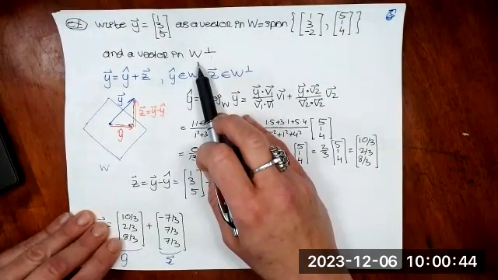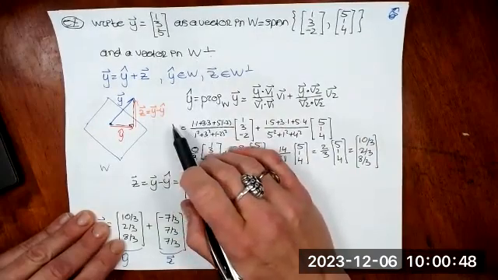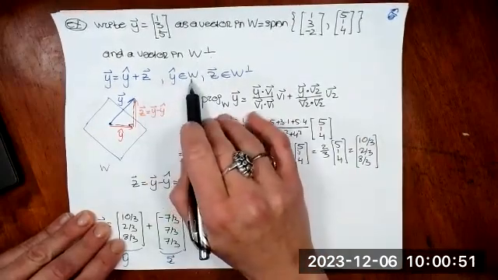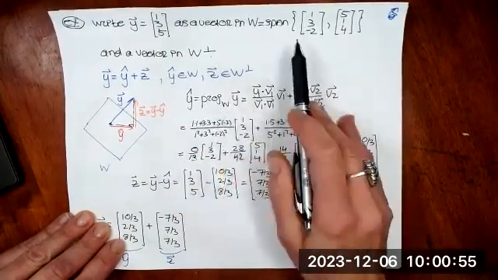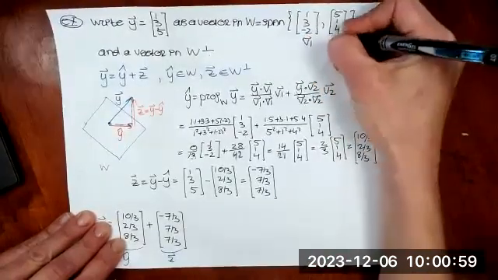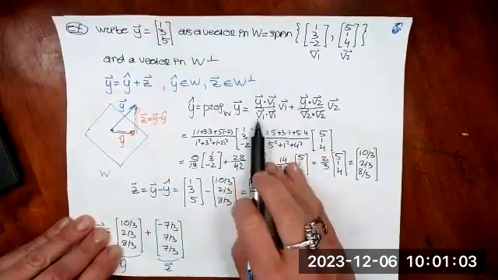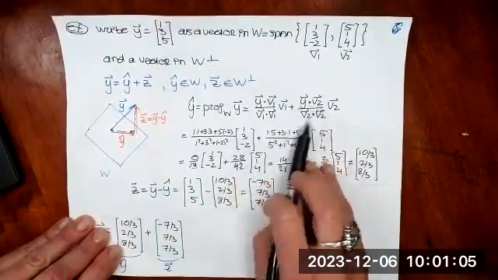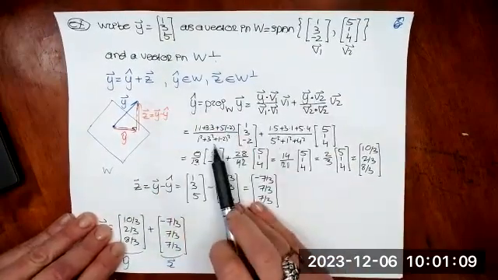Right, and you basically use the same formulas we used in the previous problem. For the vector that's in W, I need to take the projection of Y onto W, right? So I'm using my V1 and V2 that span W. I'm doing my projection: Y dot V1 over V1 dot V1, Y dot V2 over V2 dot V2. So again, just compute your dot products.